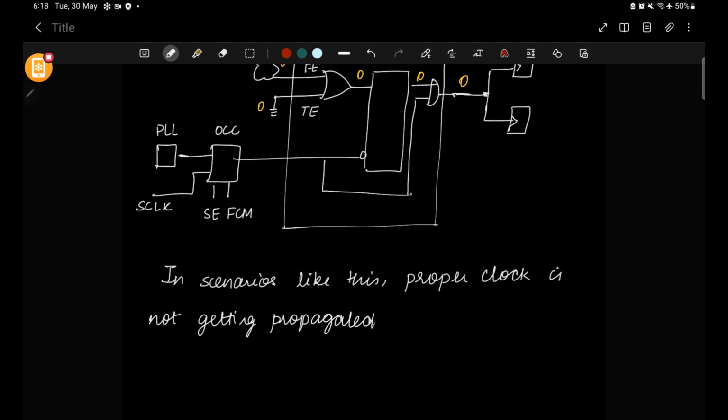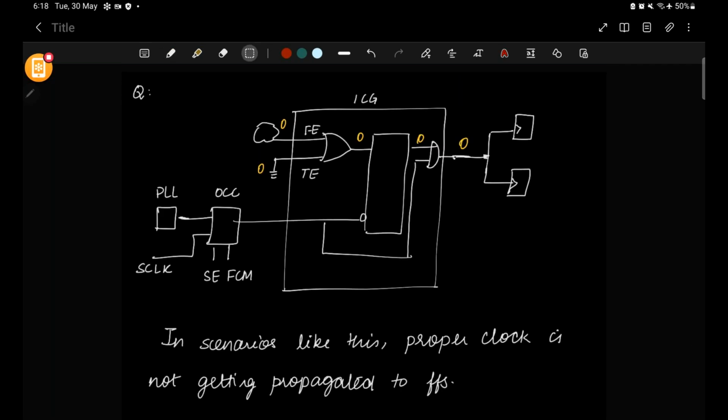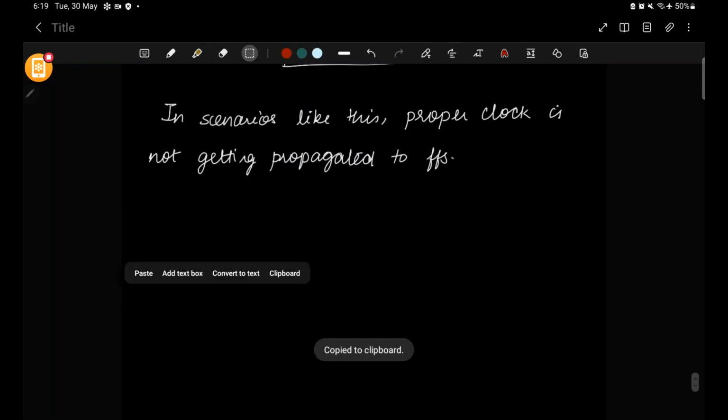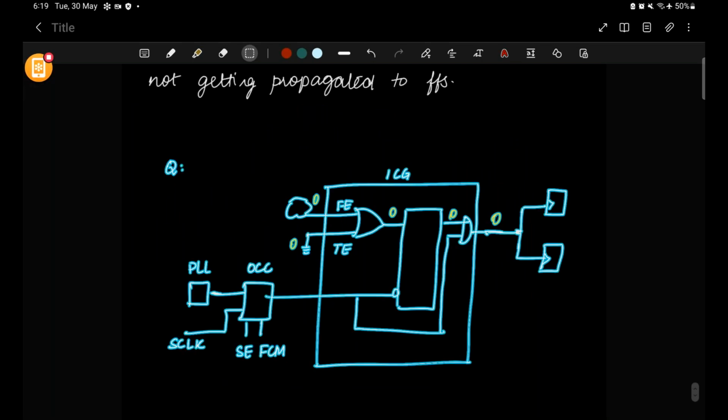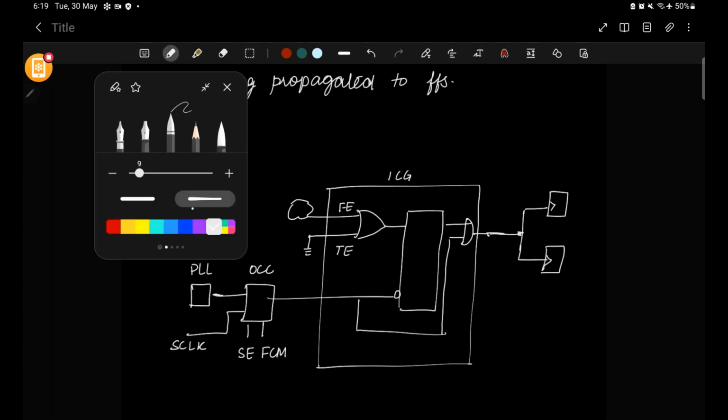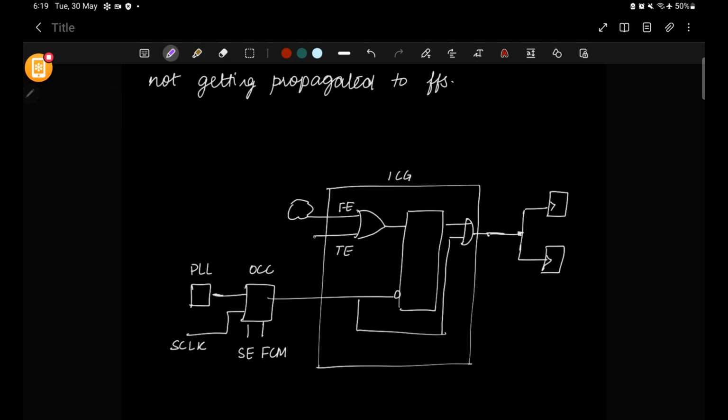So the fix which you have to do is, you have to remove this ground and then tie the test enable signal either to test mode or to the scan enable signal.